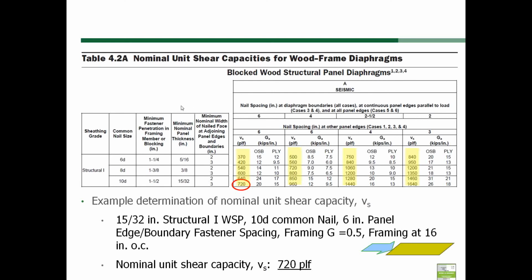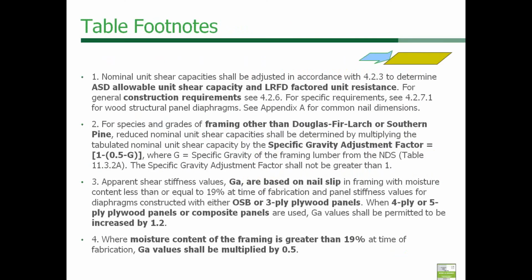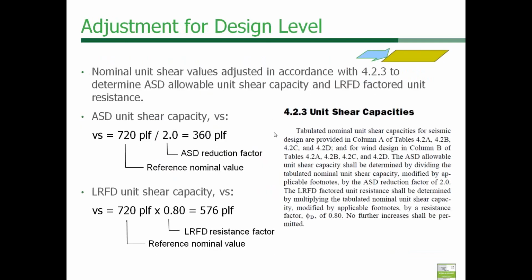And Michelle already talked about how to pick these values out for shear walls, so we won't belabor that. And the stiffness values are shown as well here. Michelle also covered the footnotes, which are very similar for diaphragms, so we won't go through that. You can take a look at these design examples on your own.